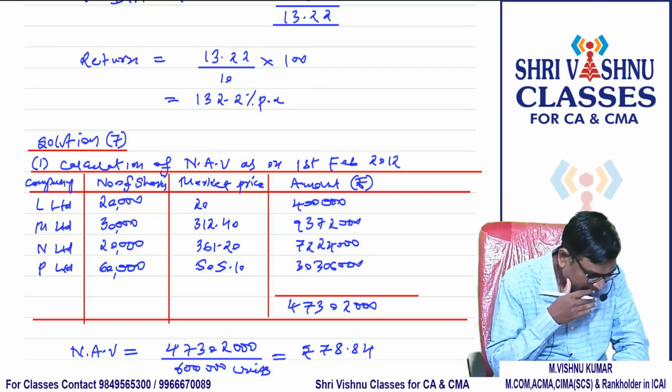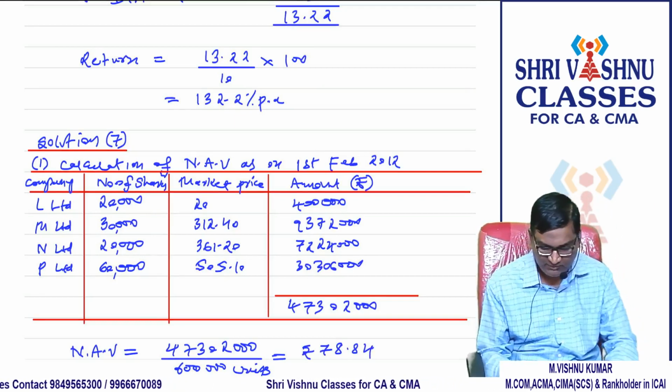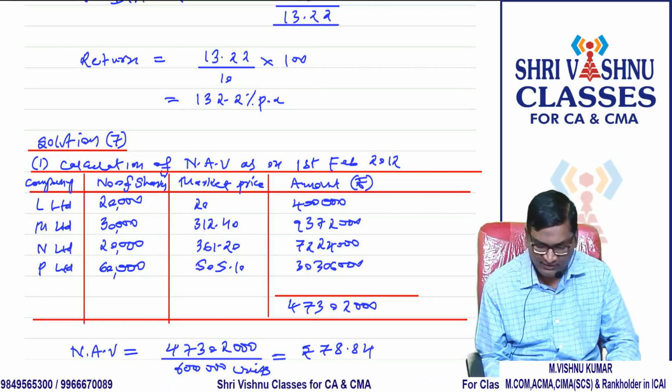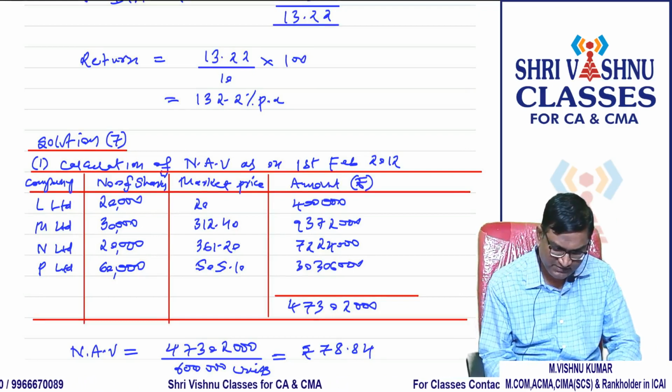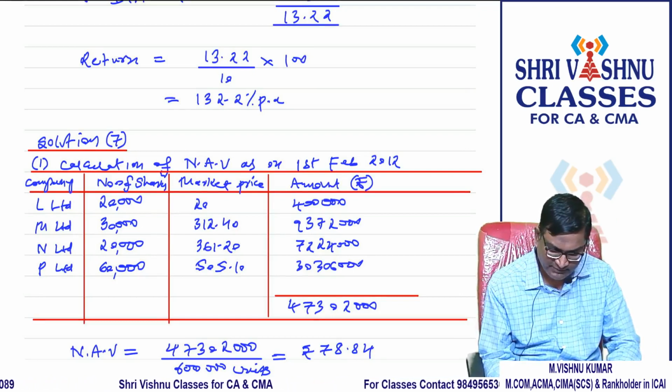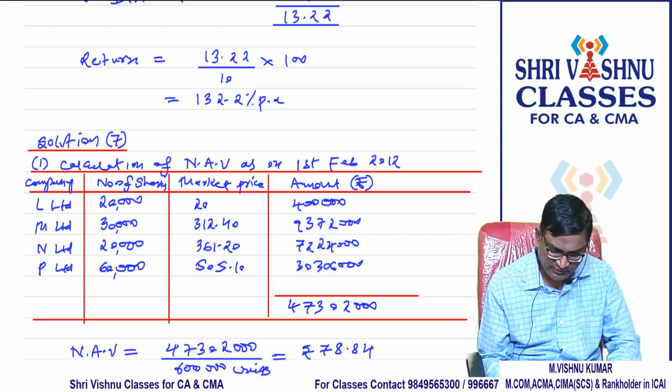28.84, this is the first answer. Complete this, very simple calculation. Number of shares into market price per share, the amount comes. Amount divided by how many units? 6 lakh units. So NAV per unit.